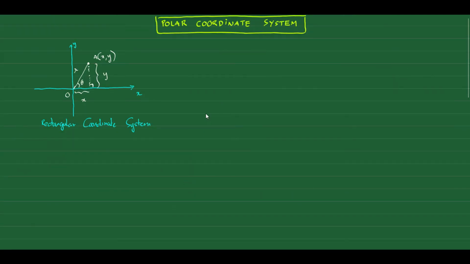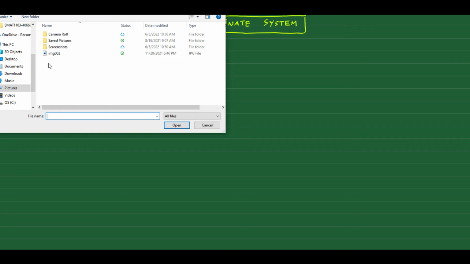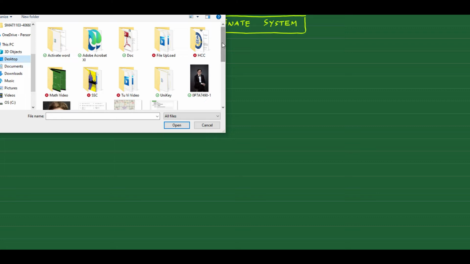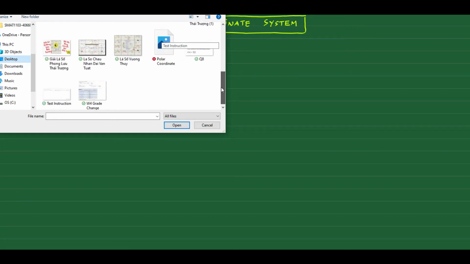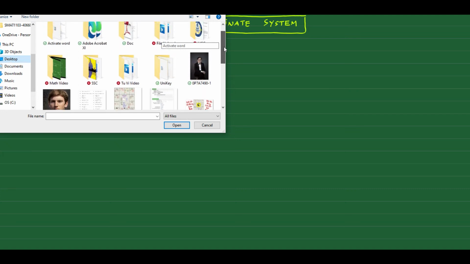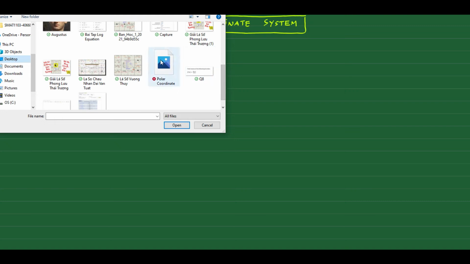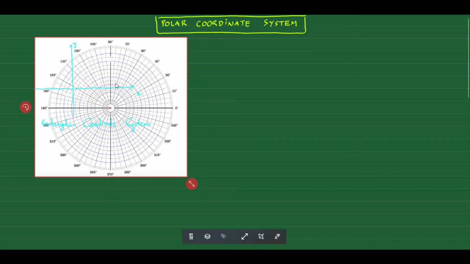I probably forgot how you do that. Okay, I think it's over here. Image. Sorry, I try to get the picture. I think right here. There you go.